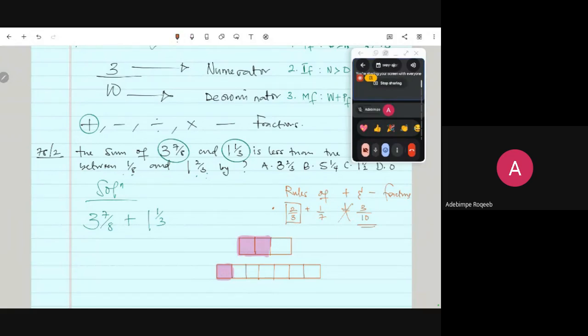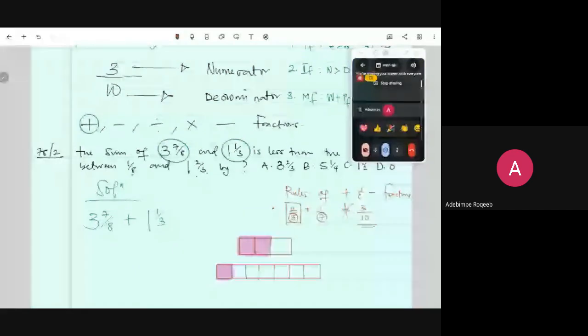The first thing I have to do is ensure that this division is the same. I have to find a way of taking them to the same division. 3 and 7 must have the same denominator. That's the first thing. The way they will have the same denominator depends on the kind of denominators they have.